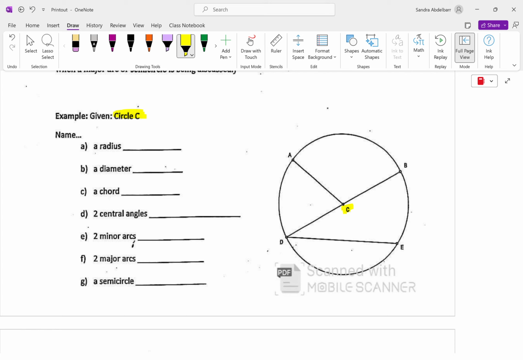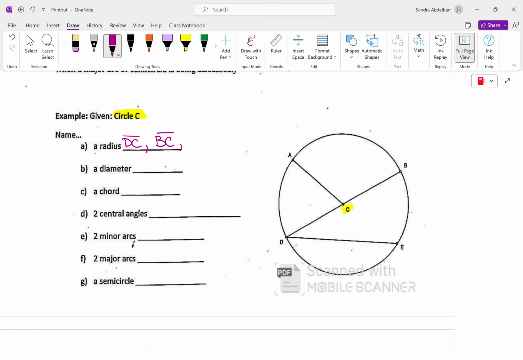So based on the knowledge that C is the center of the circle, can somebody name me a radius? Or actually, name me 2 radii. Abby? DC and CB. You got it. DC and BC or CB.